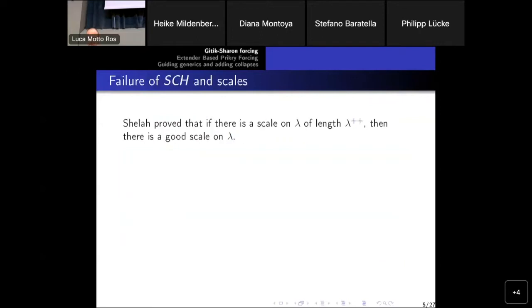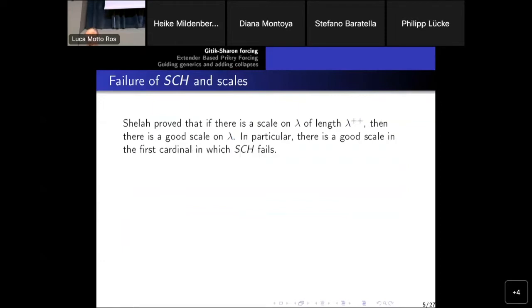Now, a few additional facts. Shelah proved that if there is a scale of length lambda double plus, then there is a good scale. And when I say a good scale, it's always of length lambda plus. There is a good scale on lambda. The trick uses partial square.